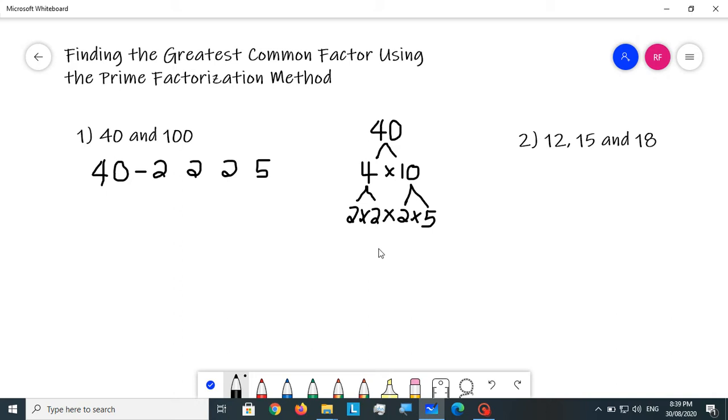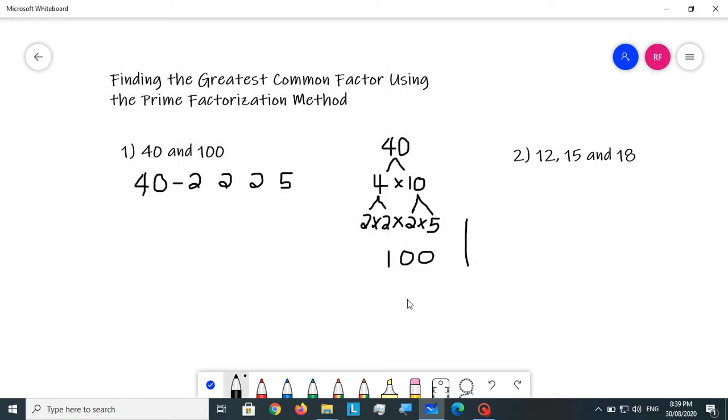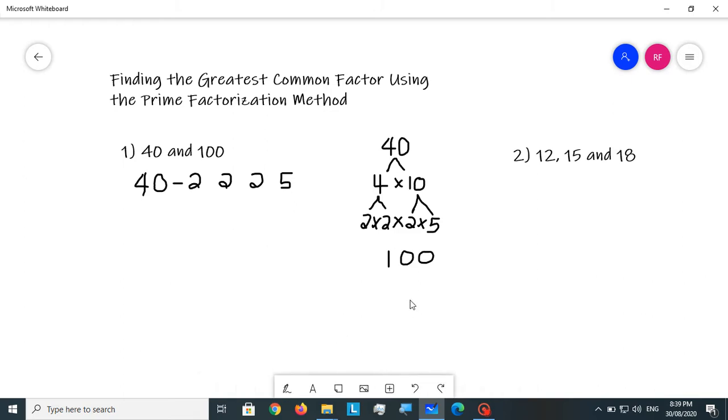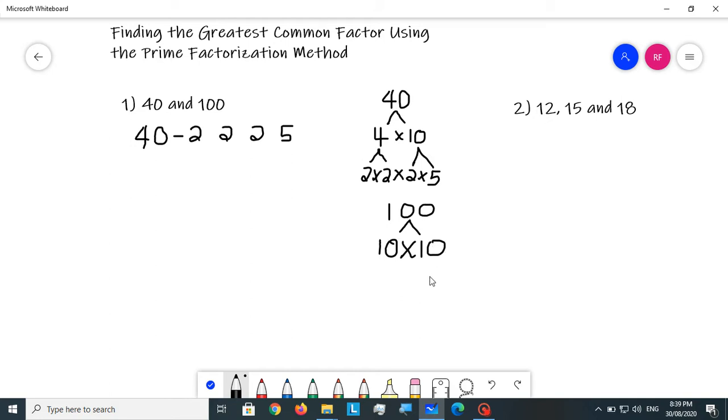Okay, next 100. Let's have 100 here. Of course, this is the easy one. We have 10 times 10. 10 is not a prime number, so we can still get the prime factors of 10.